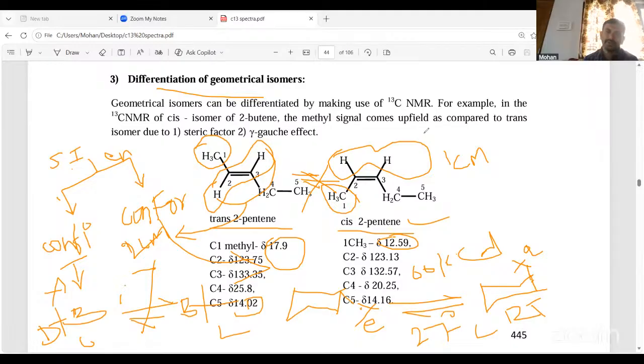At low temperature the conformer interconversion is very slow, so the instrument can easily identify the different conformers and give signals according to the configuration. So for the differentiation of the geometrical isomers, you can use the C13 spectrum.